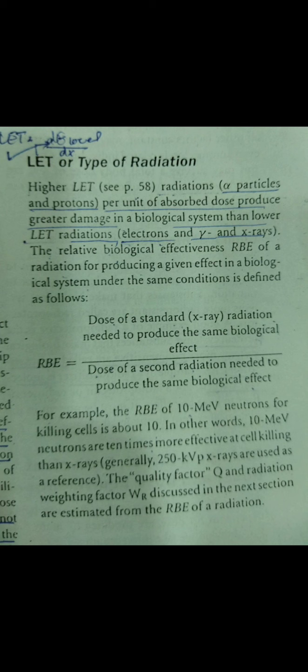The next factor which is very important is the amount of tissue. So injury to a biological system depends on the amount of tissue irradiated. For example, there will be more effects if the whole body has been irradiated as compared to a specific part.